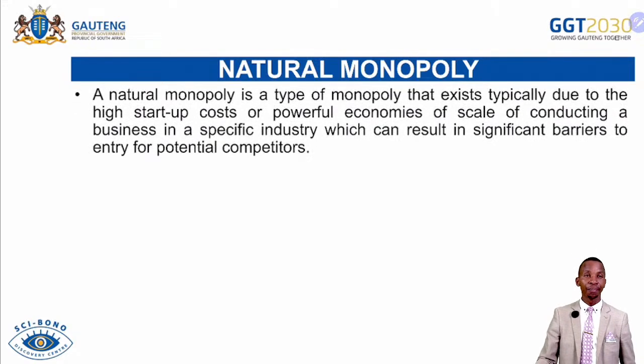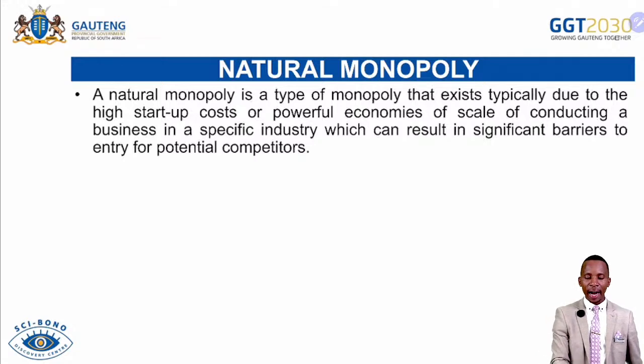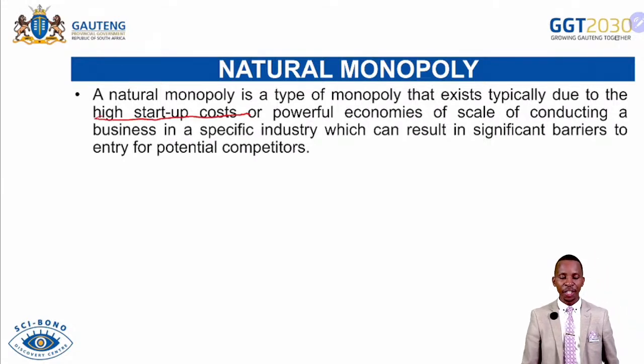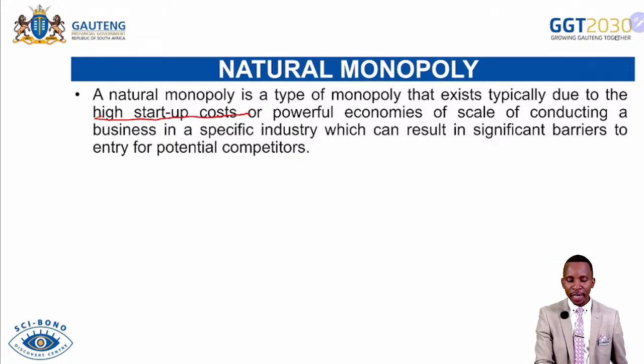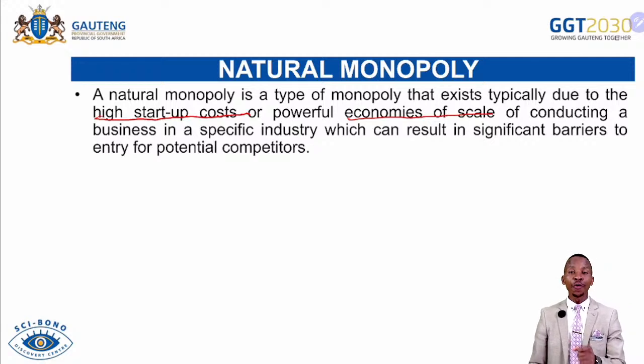How does it occur? A natural monopoly is a type of monopoly that exists typically due to high startup costs, meaning there is high capital required for the firm to be established, or there will be economies of scale, meaning the firm will be producing a large quantity at a lower cost and selling at a lower cost. These two alone prevent the entry of new businesses.